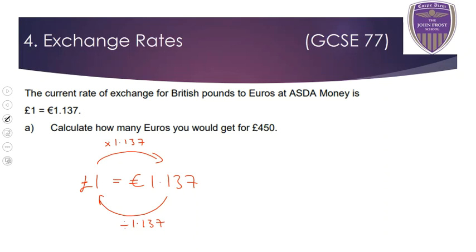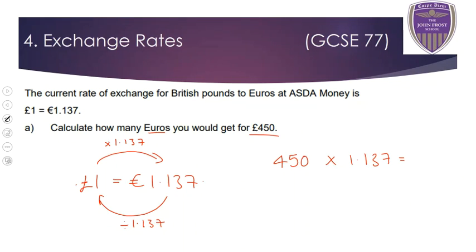So in this question, it says, how many euros would you get for £450? So we're changing pounds into euros. All right, so it's as simple as doing 450, because that's what we're exchanging, times by 1.137, because that's what the exchange rate is. So just typing that in.